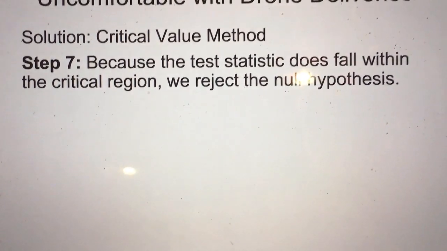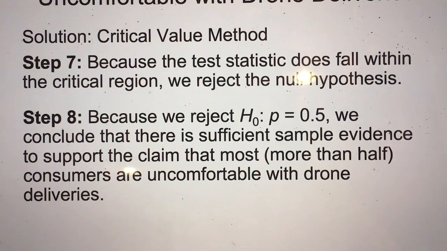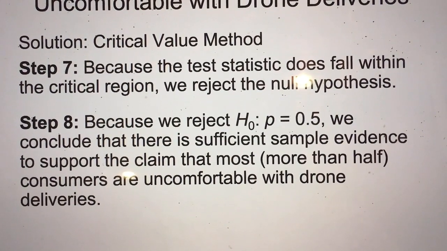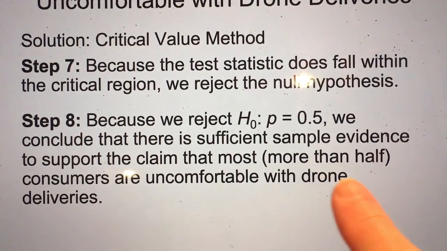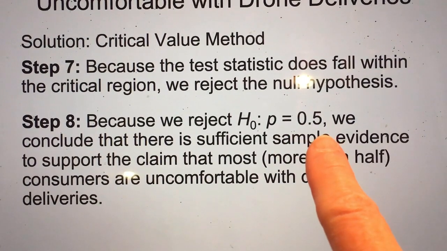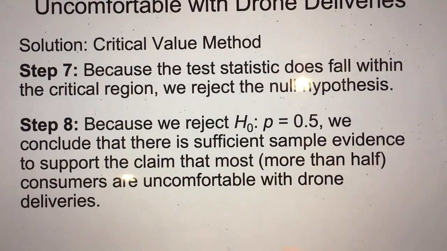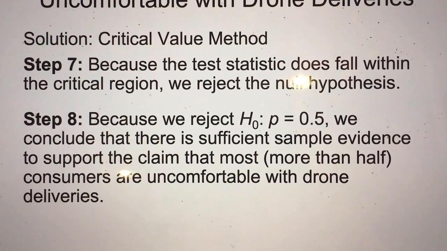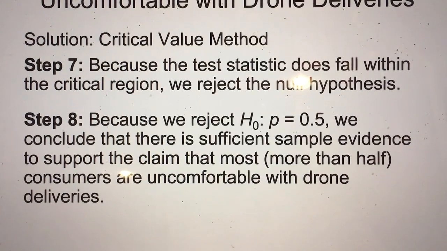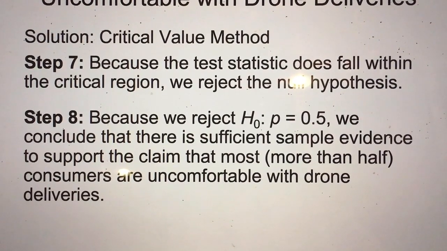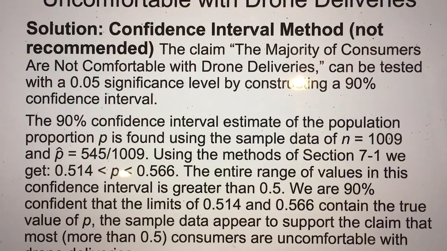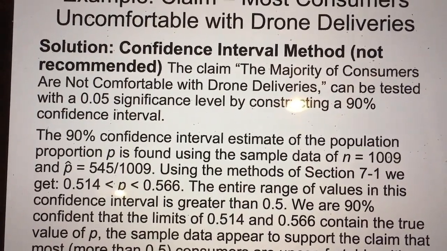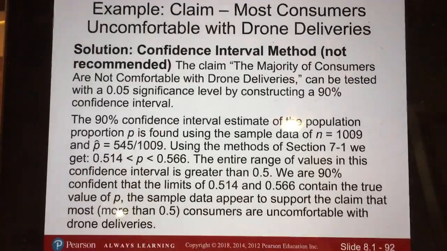Okay, so go to step 8, because we reject H sub O, which remember said P is less than or equal to 0.5. We conclude that there is sufficient sample evidence to support the claim that more than half of consumers are uncomfortable with drone deliveries. So, this one is something we're not going to really worry about much.